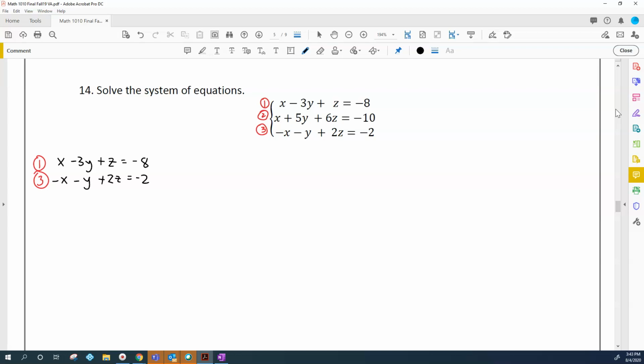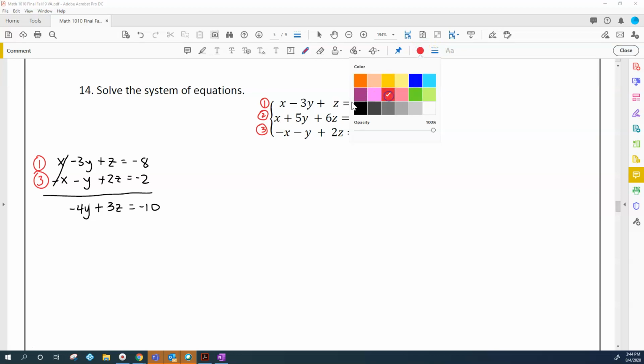So double, triple check that you have all the signs right, that you wrote down what you meant to write down. Then our x's cancel out, and we're left with negative 4y plus 3z equals negative 10. I'm going to call this new equation equation 4.